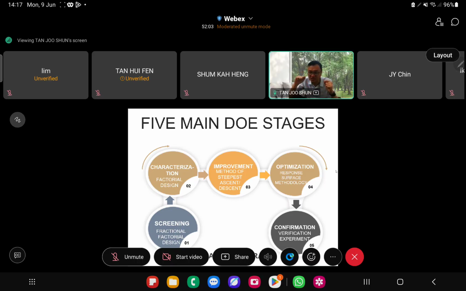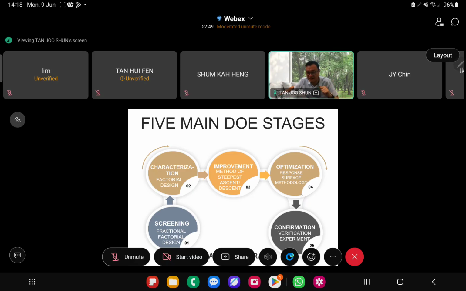However, this is just a prediction. So you need to run a verification experiment, where you run the experiment again with the predicted conditions, where the pH is 7.1 and the temperature is 25.7, or whatever I forgot, according to the predicted values given. You run the analysis and compare whether the predicted values given by the software are the same as what you obtain in your experiment.